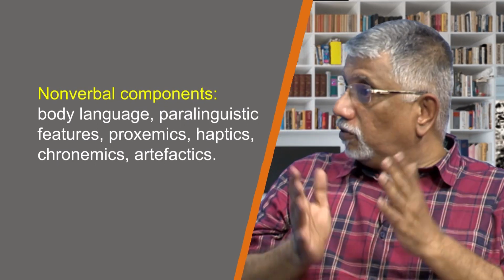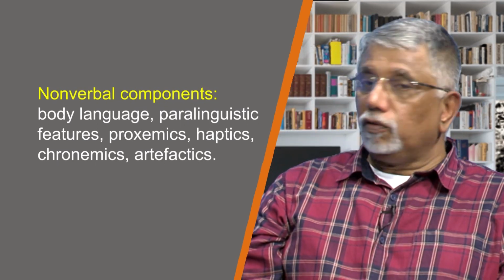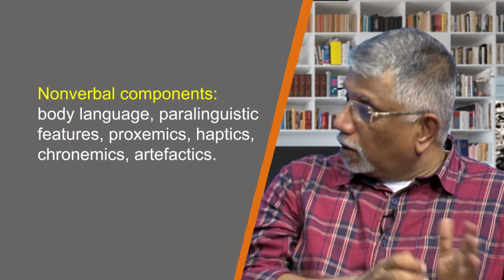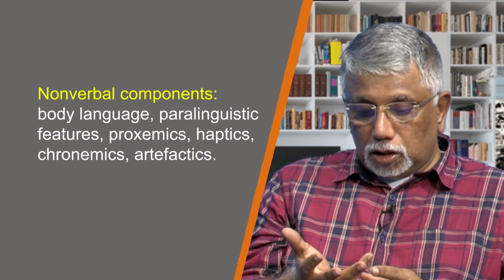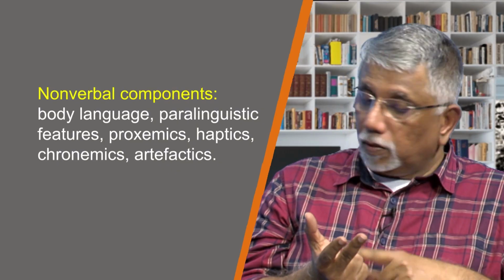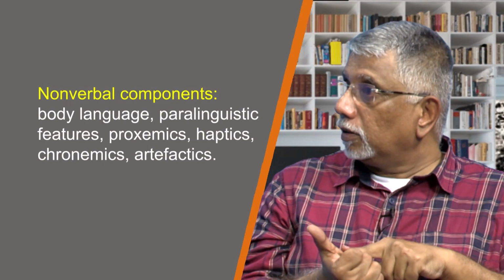Paralanguage is very important. Paralinguistic features in the verbal component: speed of delivery, volume of delivery, the pitch, the tone. All these are paralinguistic features, right? All these are non-verbal. So words in general are verbal.